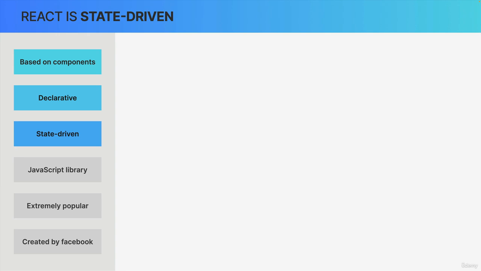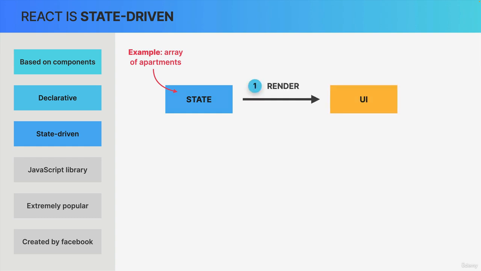Well, that's where the concept of state comes into play. So remember that the main goal of React is to always keep the UI in sync with data. And from now on, let's actually call that data state. For example, an array of apartments on Airbnb. So based on our initial state, React will render a user interface using the components that we wrote using JSX. Then, based on some event like a button click, the state might change.